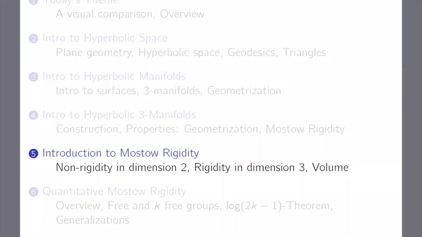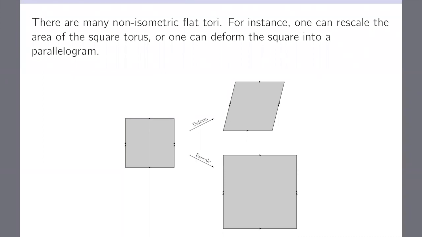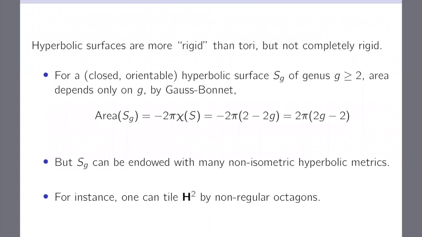So now we're going to talk about Mostow rigidity. In dimension 2, there are many non-isometric flat tori. So tori are not rigid objects. We can deform, rescale. So Mostow rigidity, which we have yet to define, you will see later how this is a shadow of Mostow rigidity. We saw this in dimension 2 when we talked about shape determines size. So the hyperbolic surfaces, dimension 2 manifolds, they seem to have some aspects of rigidity, but they're not completely rigid, okay?